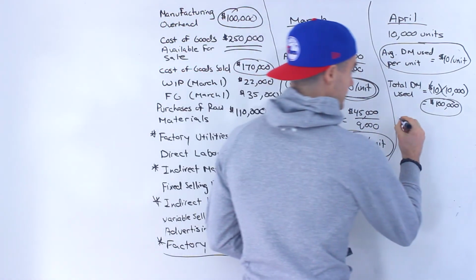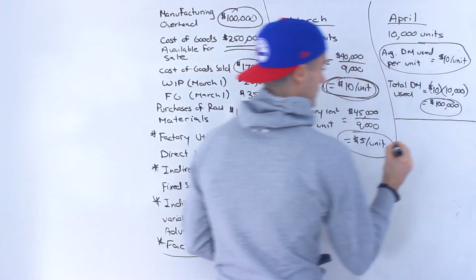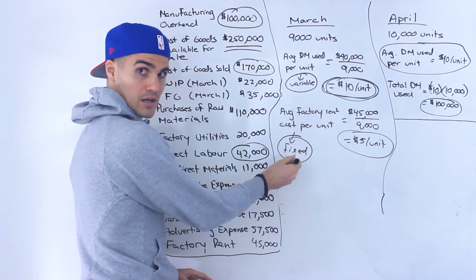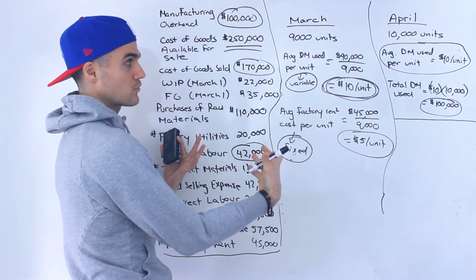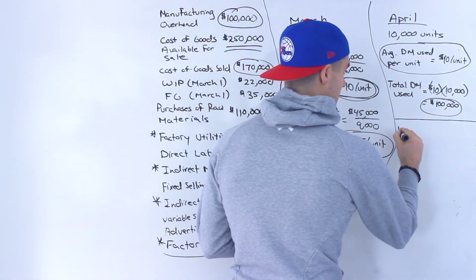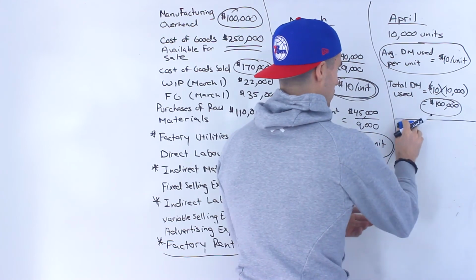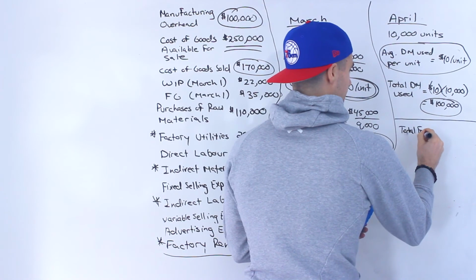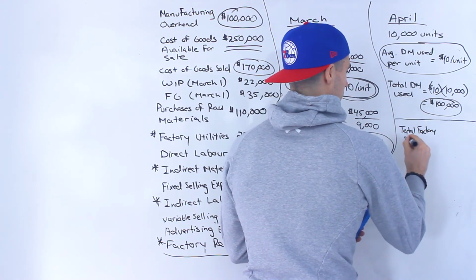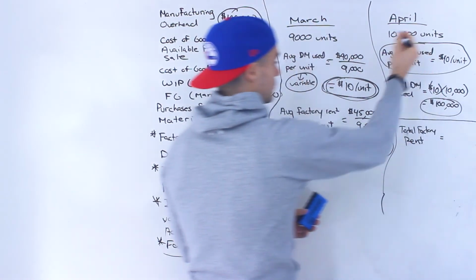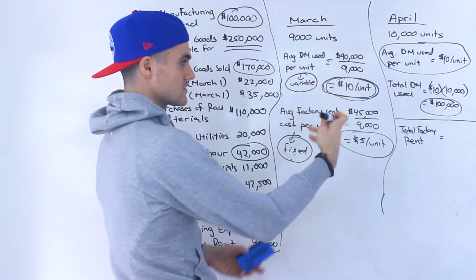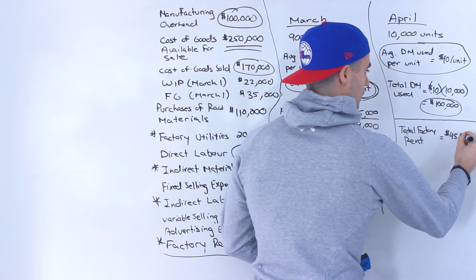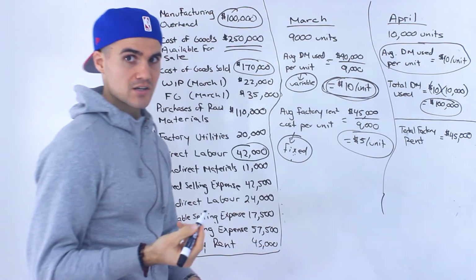Versus with the factory, it's the opposite. So what's happening is with the factory, because it's a fixed cost, the factory rent is actually staying the same. So the total factory rent, even though the production went up, that total rent is still staying the same. It's going to be $45,000. Right? We're told in the question that it's a fixed cost.